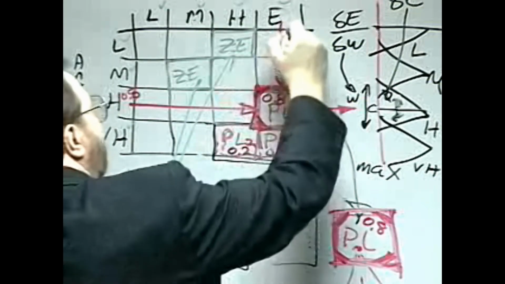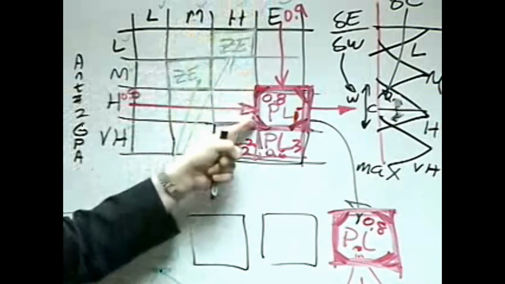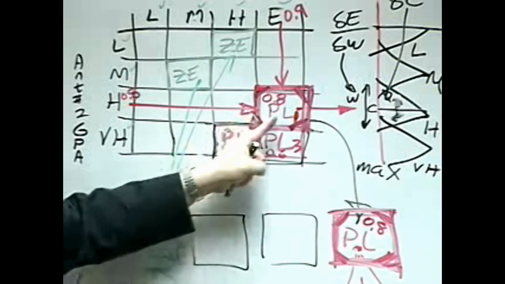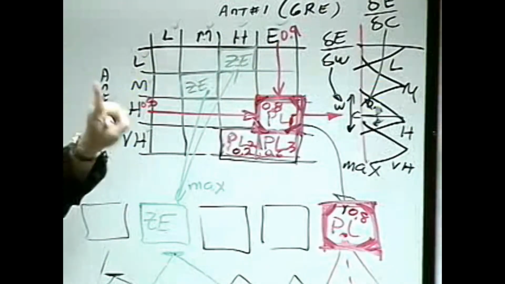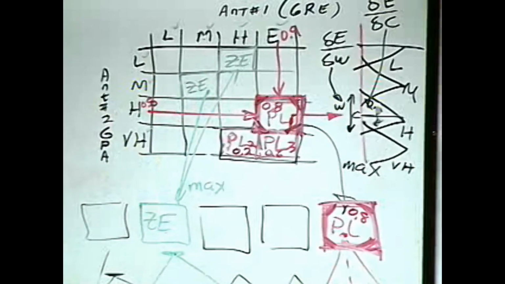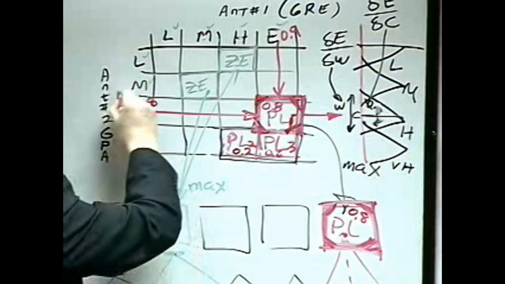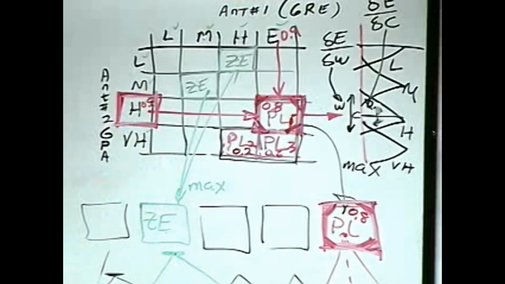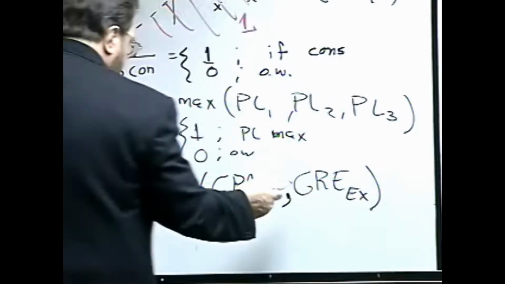Now say this was a 0.8, and this one was a 0.9. And so how did we get this? Remember, we took the minimum of this with respect to this. So this value is equal to the minimum of this and this. And we want to do the partial. What's going to happen? It's going to be a pointer again. And that pointer is going to, in this case, be pointing to high because that was the minimum. Right? So just like the maximum, except different.